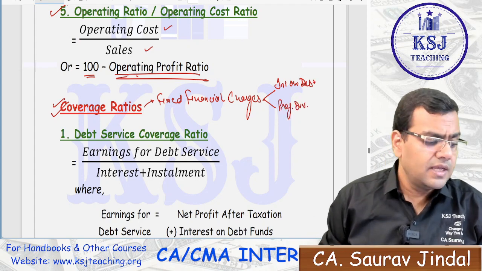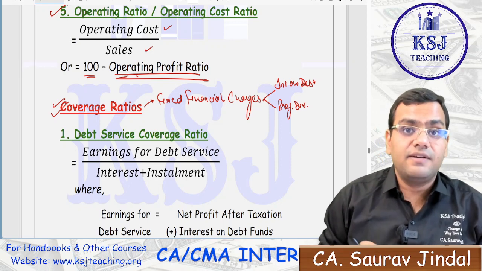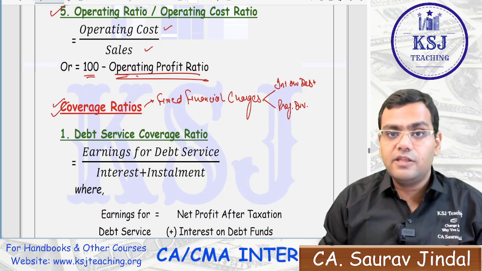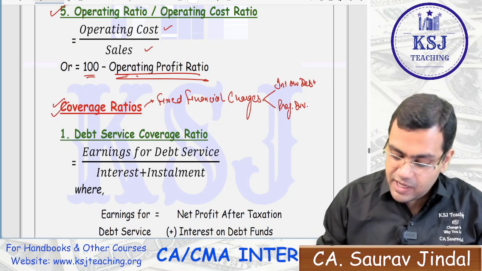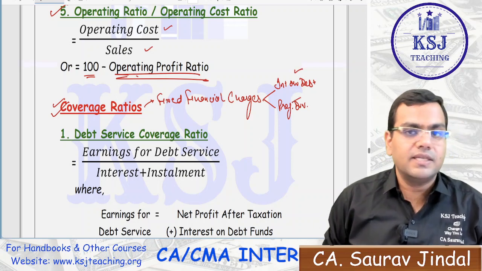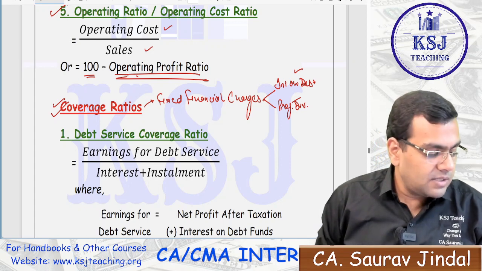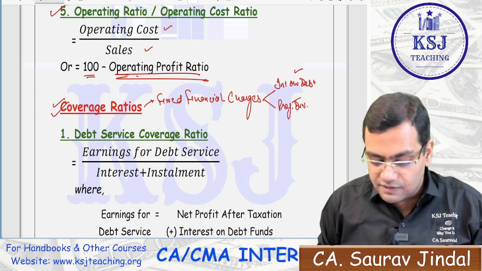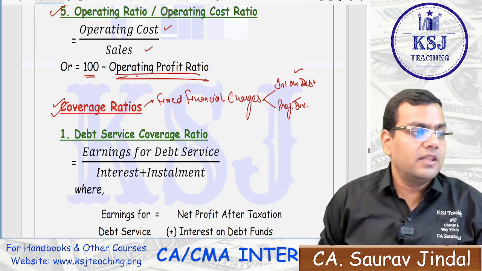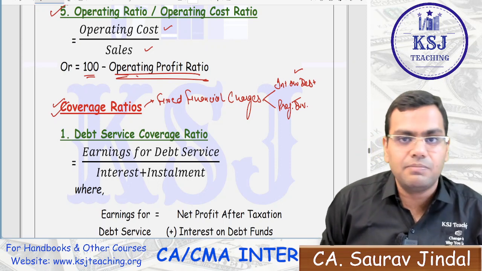These ratios tell us whether the business has sufficient cover in the form of profit to pay off the interest on debt as well as the preference dividend. I am going to repeat it again, if you want to write it down: does the business have sufficient cover in the form of profits to pay off the fixed financial charges, that is interest on debt and the preference dividend?